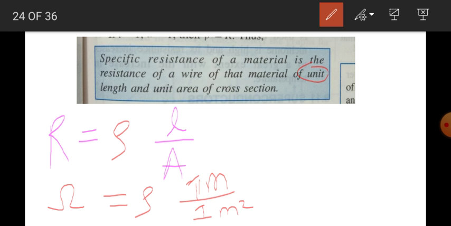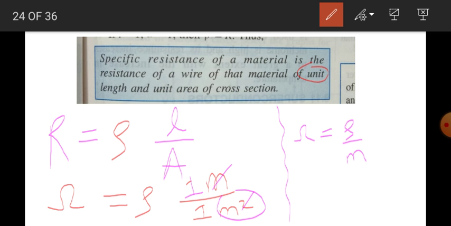Let me write it properly. So, unit area and unit length. The 1 m will get cancelled, and if I arrange everything, 1 meter will remain in the denominator, right?